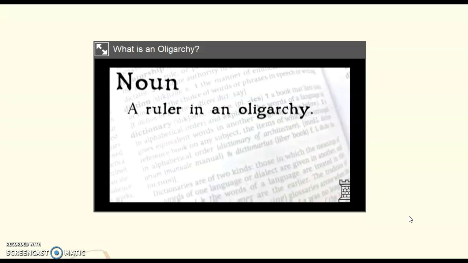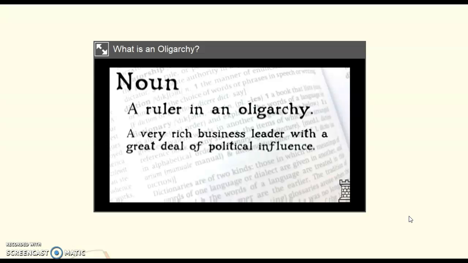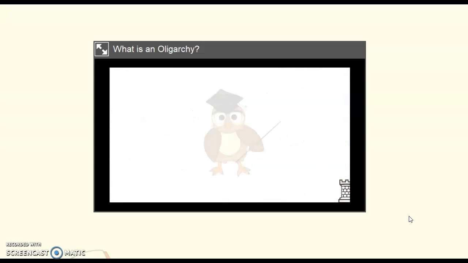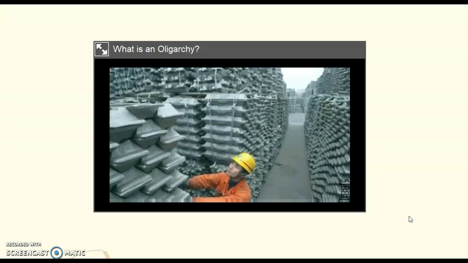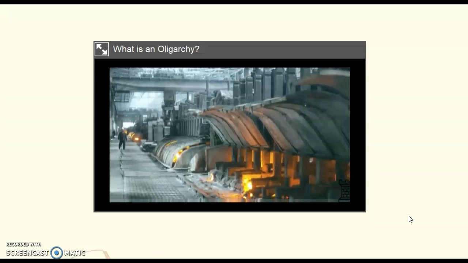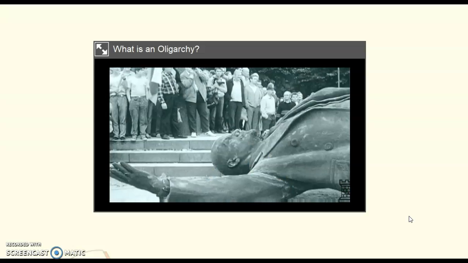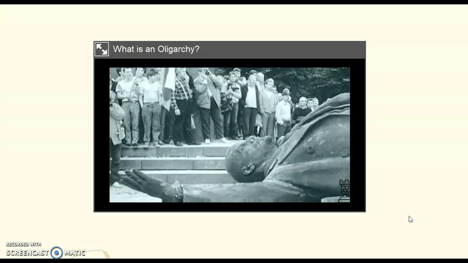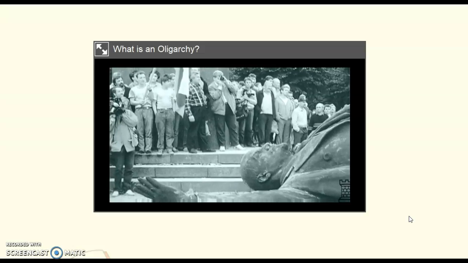The second part of the definition of oligarch stated that they could be a very rich business leader with a great deal of political influence, especially in Russia. And a Russian oligarch is a wealthy businessman of the former Soviet republics who rapidly accumulated wealth during the era of Russian privatization. This was in the aftermath of the disbanding of the Soviet Union in the 1990s.